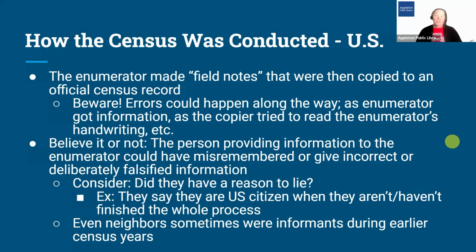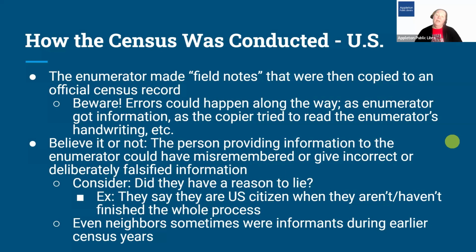As your enumerator got information about you, they could have written it down wrong. As the person copying that information from the census taker was trying to read the handwriting, they could have gotten it incorrect. Believe it or not, people providing information to that census taker could have misremembered, or could have given incorrect information or deliberately falsified that information.